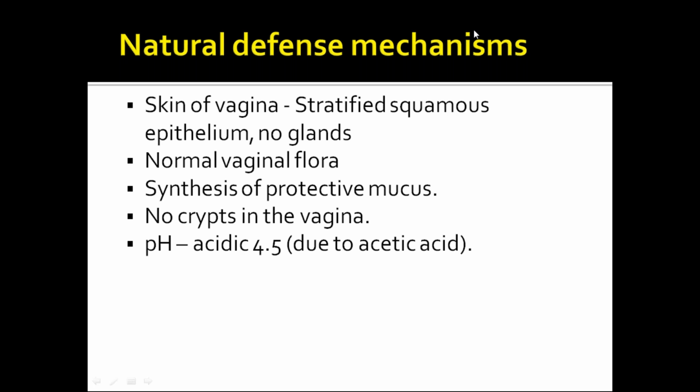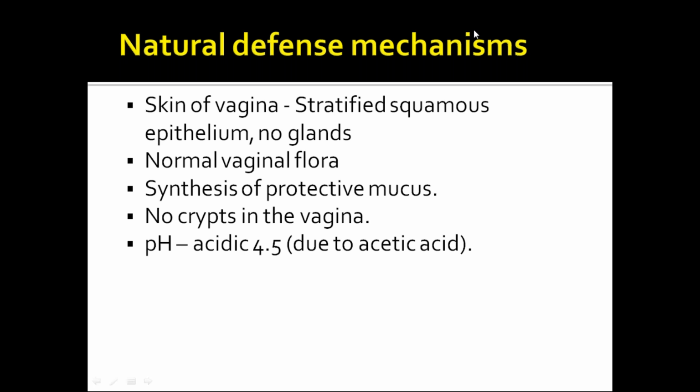Continuously the superficial layer gets replaced, so it is desquamated, and this superficial layer contains glycogen, which is broken down and converted into lactic acid and hydrogen peroxide under the influence of estrogen and Doderlein bacilli.